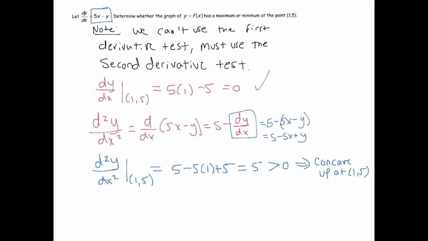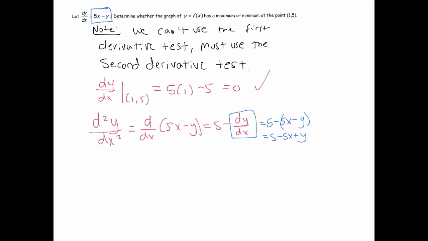And so if it's concave up and the first derivative is 0, we know we're looking at something like this. So that must mean we have a local min. So that all means we have a local min at (1, 5) by the second derivatives test. Okay, so there's a situation where you'd be forced to use the second derivatives test.